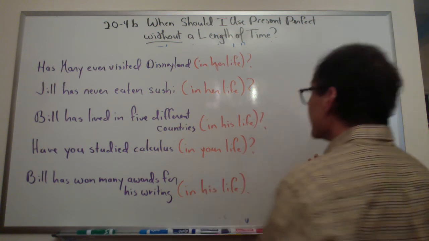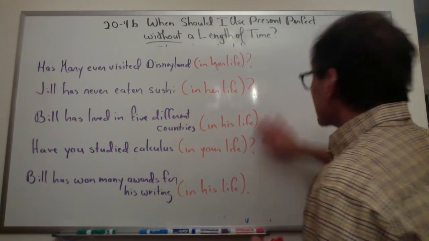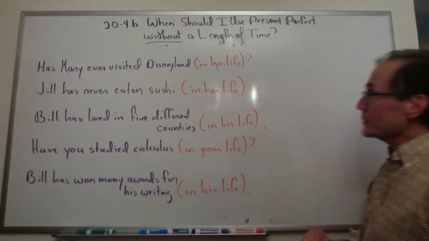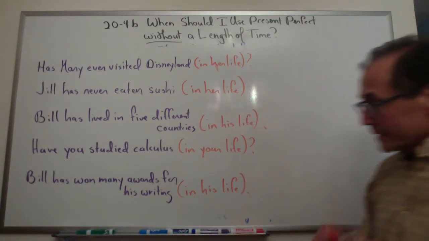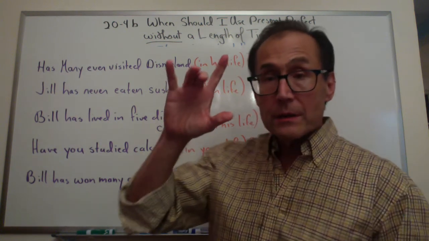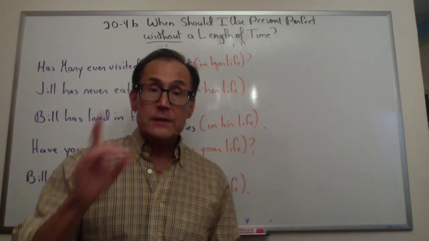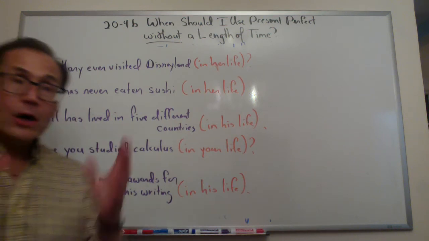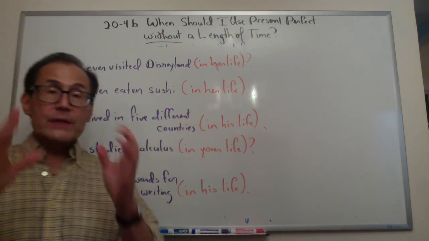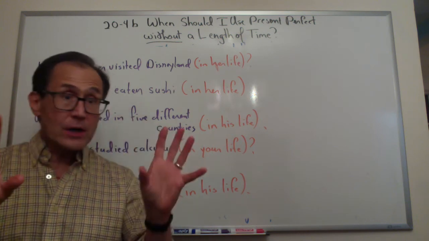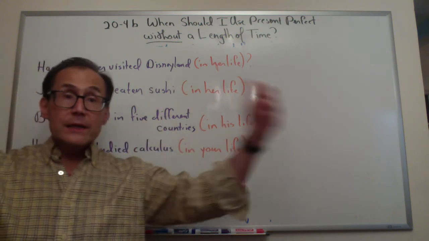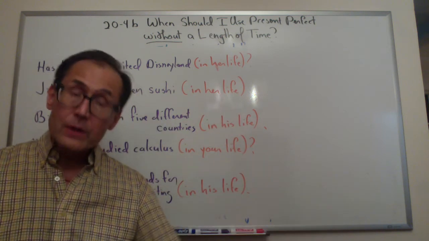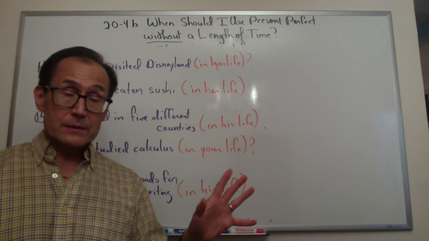Oops. Didn't want those question marks there. So this is the first time that you want to use present perfect. When we are talking about something that happened, the time is not clear, but I mean in their whole life, from the time they were born until now, has this ever happened?